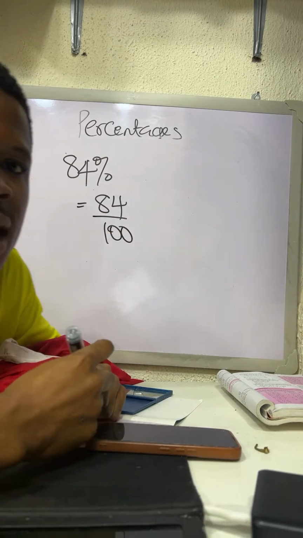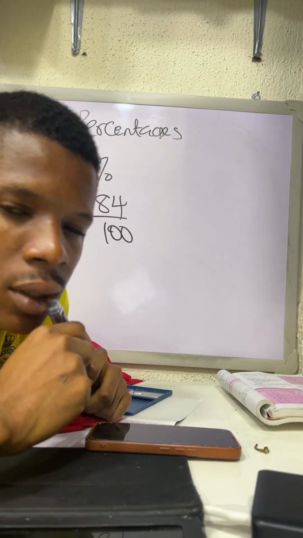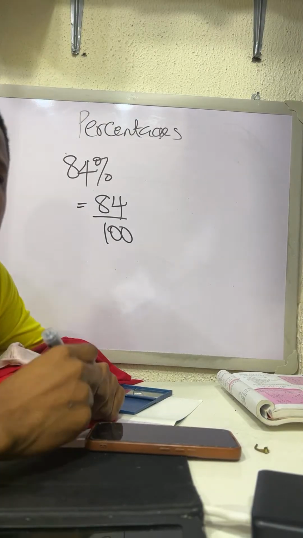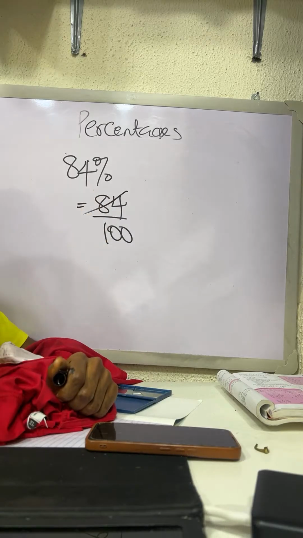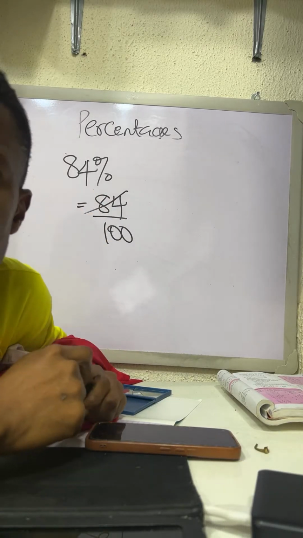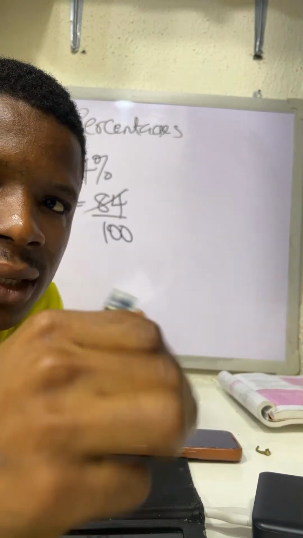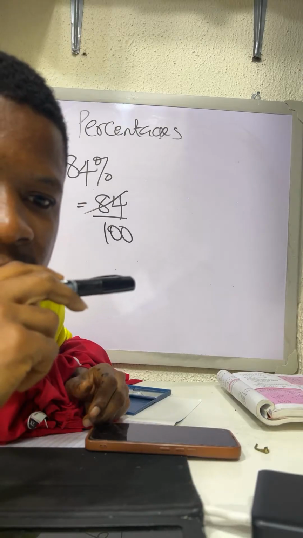Let me know the number that can divide both the top and bottom number. The number is 4. If you divide 84 by 4, you get 21.